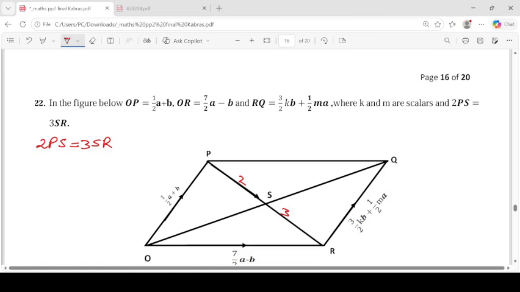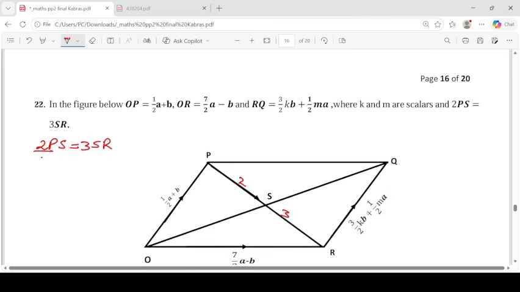If that is the case, applying the ratio theorem concept, then it will mean that since 2PS is equal to 3SR, first I can get the ratio PS to SR. If I divide here by 2, I also divide here by 2. I want to get the ratio of PS to SR.